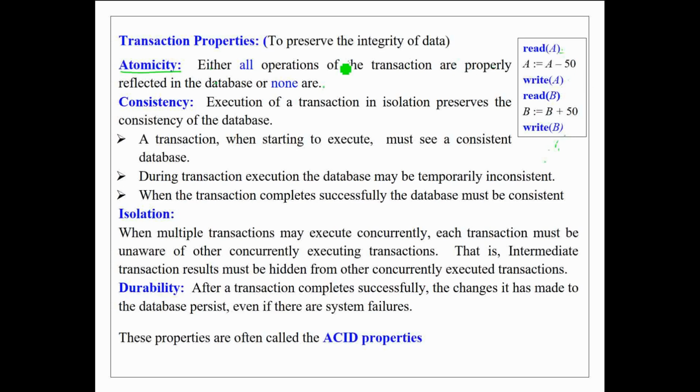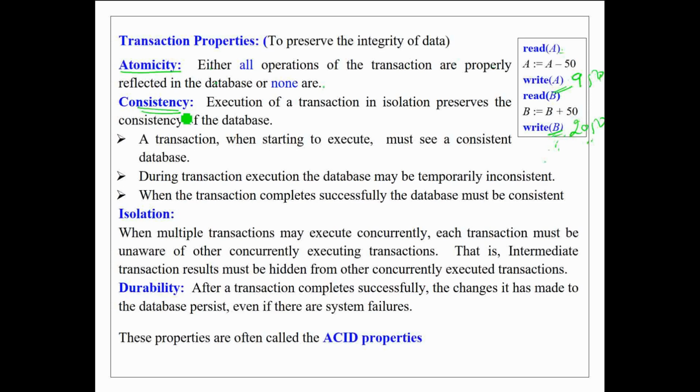Otherwise, that is, the update of data item A alone or else B alone is not permitted. Either both the values together need to be updated or none of the values need to be updated. So this is what is ensured by atomicity.